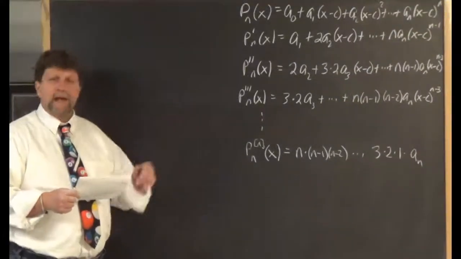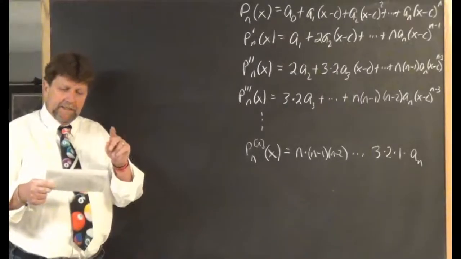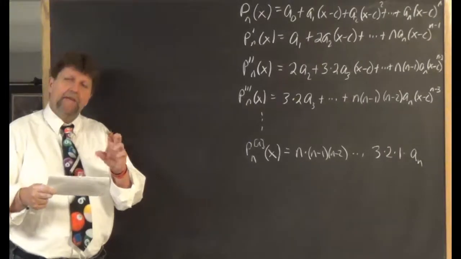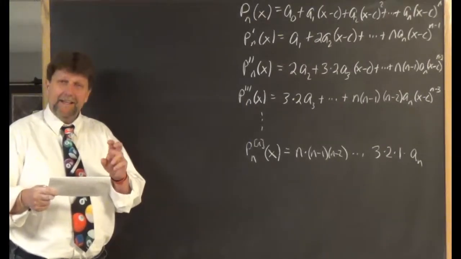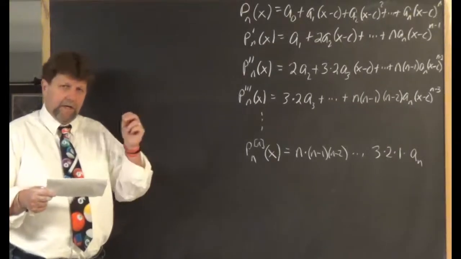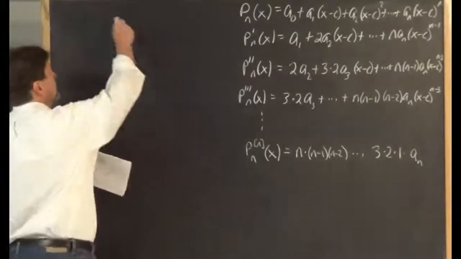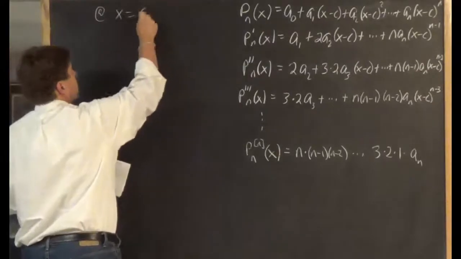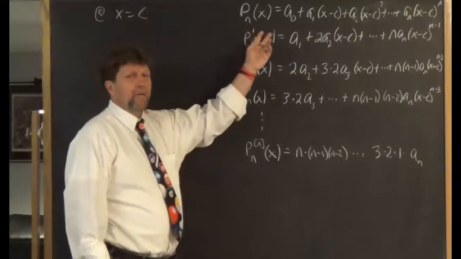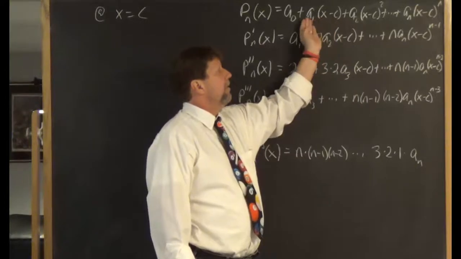All right, folks, this is the last thing right here. I wrote it down on the board. That's the last thing we saw on the slide. Because we want the function f and its derivatives to equal p and its derivatives at x equals c, I said we get the following, and I wanted to come to the board to do this. So at x equals c, we're going to evaluate the polynomial at c. You put c in for the x's. c minus c is 0. That's gone.